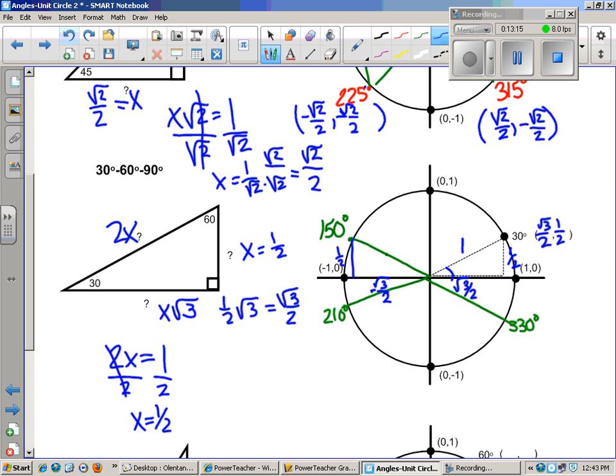But this one is going that way, so it's negative. So my ordered pair is going to be negative square root of 3 over 2, and then positive 1/2 or negative 1/2? Positive. Okay? Figure out the other two for me.